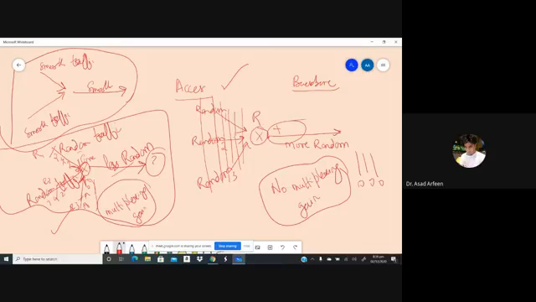You can verify in your MATLAB: generate an exponential random variable 3 times, add them together, and then you see, okay, this is less random.